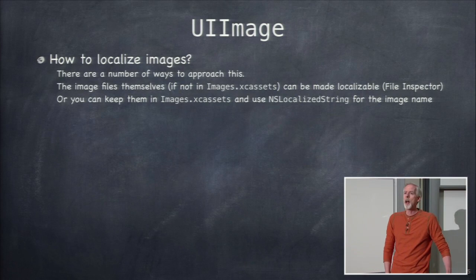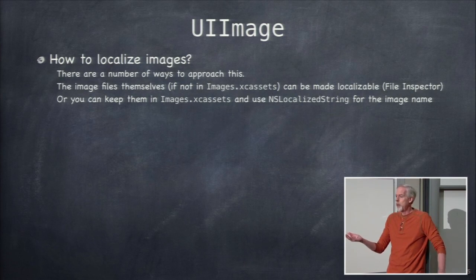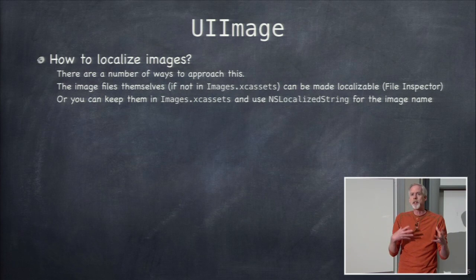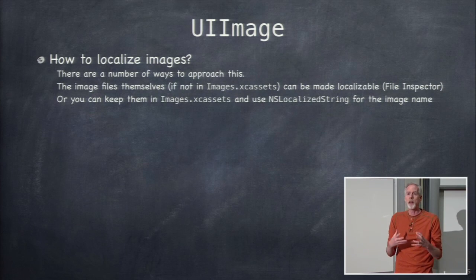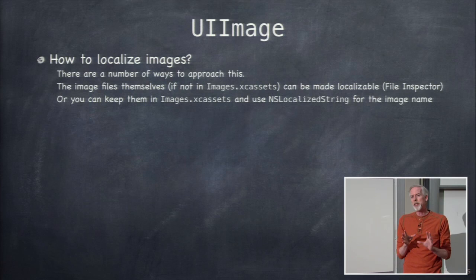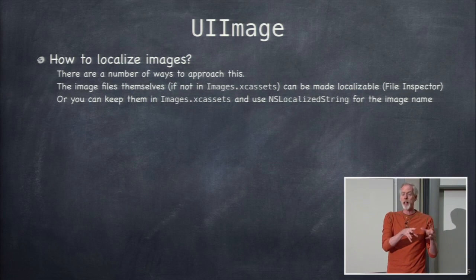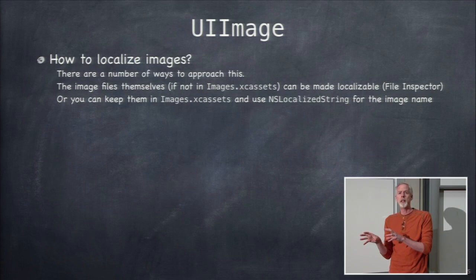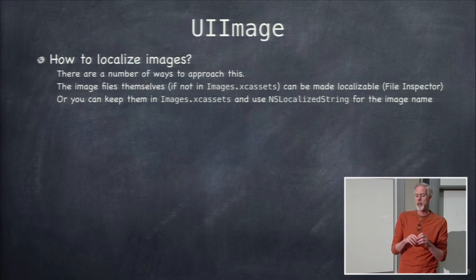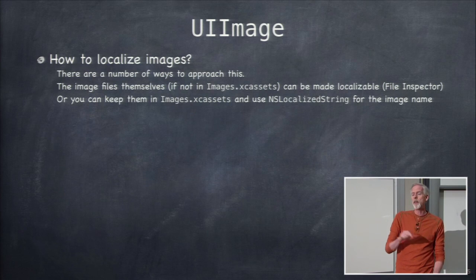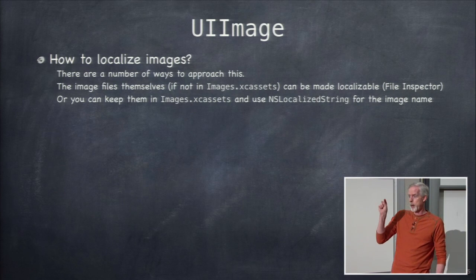UI images, how about images? Because, you know, some street signs or other things like that might look different in another language. And there's a couple of ways to do that. If you put the JPEGs or the PNGs directly in your project, in other words, you don't put them in the images.xcassets thing, then actually those can become localizable files. And you just click on them, go to the file inspector and say, make this localizable.